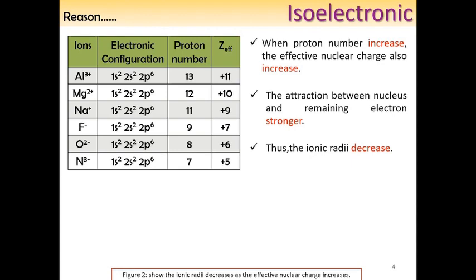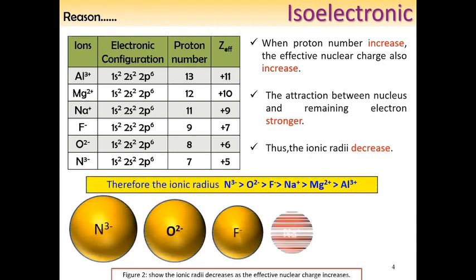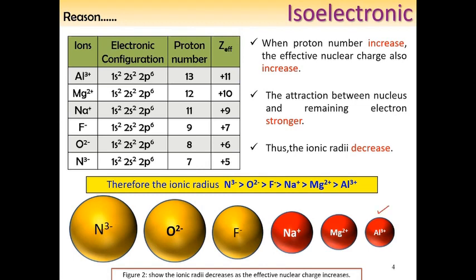From the figure below, figure 2, you can see the smallest ion is aluminum 3+, and it has the highest number of protons among these elements.